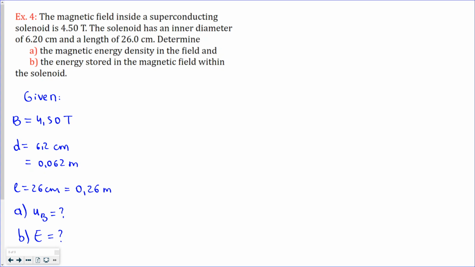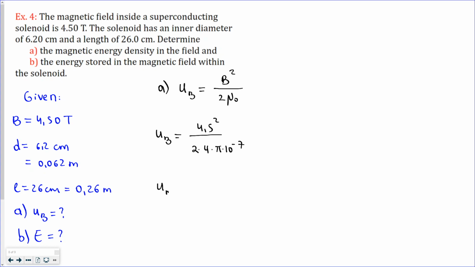Well, again, what we do here, at A part, we're going to find the magnetic field energy density, and this is B squared over 2 mu 0. So we know everything here, we can find it directly.